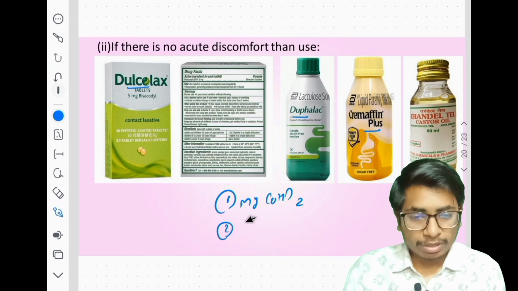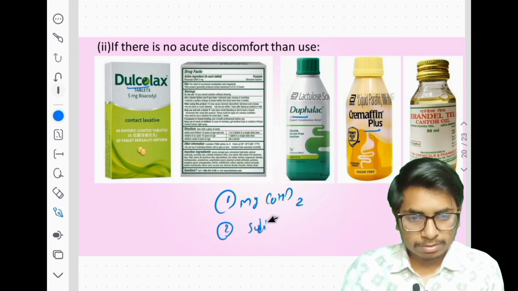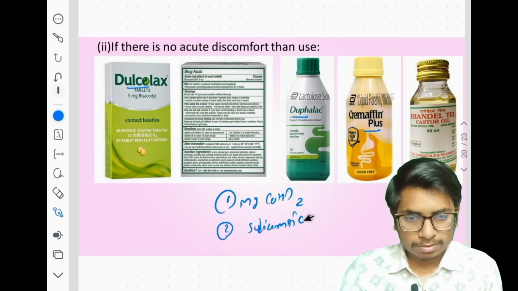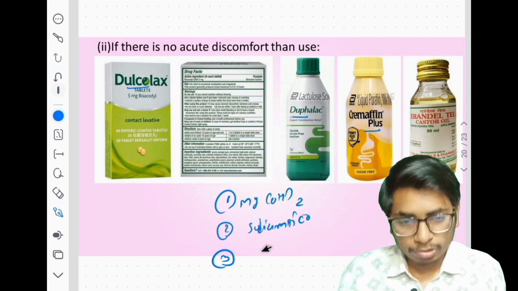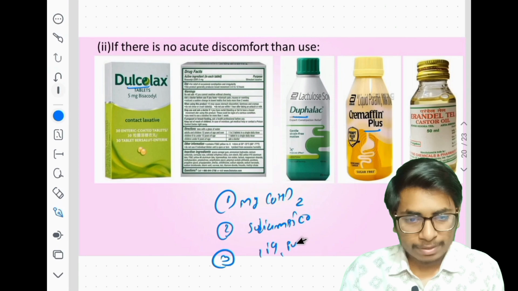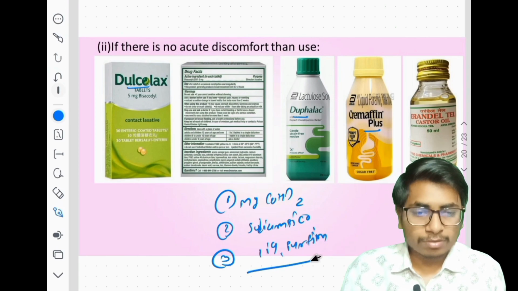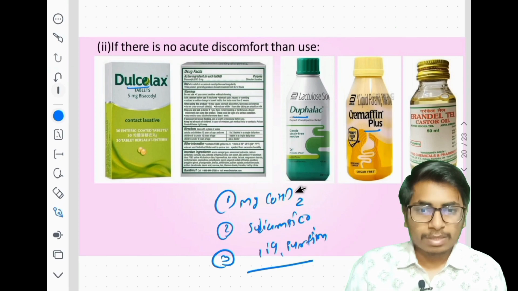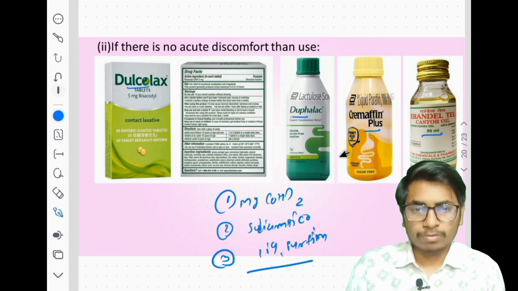Second is the stimulant laxative, sodium picosulfate. And the third is a stool softener or lubricant, liquid paraffin. It is a combination of many laxatives. And one purgative, castor oil, we can also use.